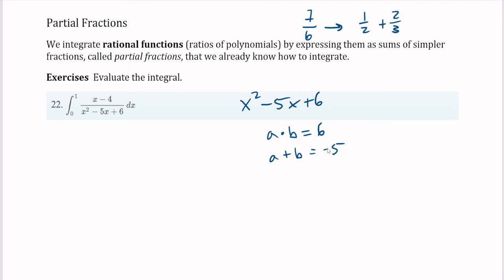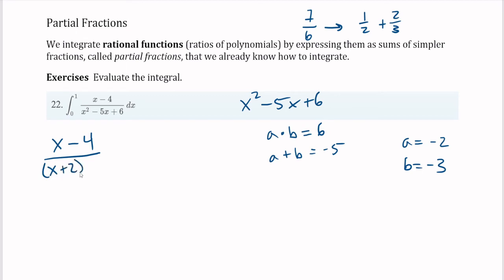But I add to a negative, so that tells me at least one of these numbers needs to be negative. This one tells me they both do. So I'm going to go with 2 and 3. I'm going to say A is -2 and B is -3. Add these, great. Multiply these, great. Okay, so what am I saying here? I'm saying this is the same thing.